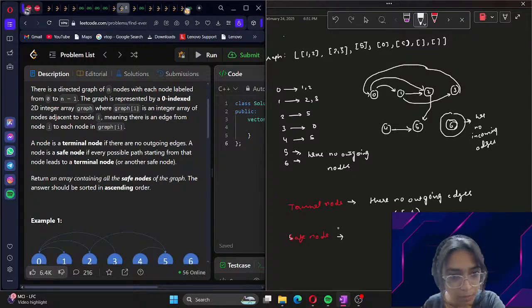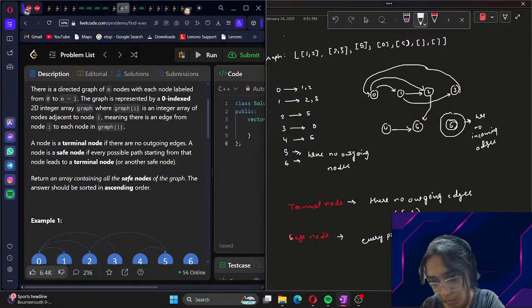A safe node is one where every possible path starting from a node leads to a terminal node.